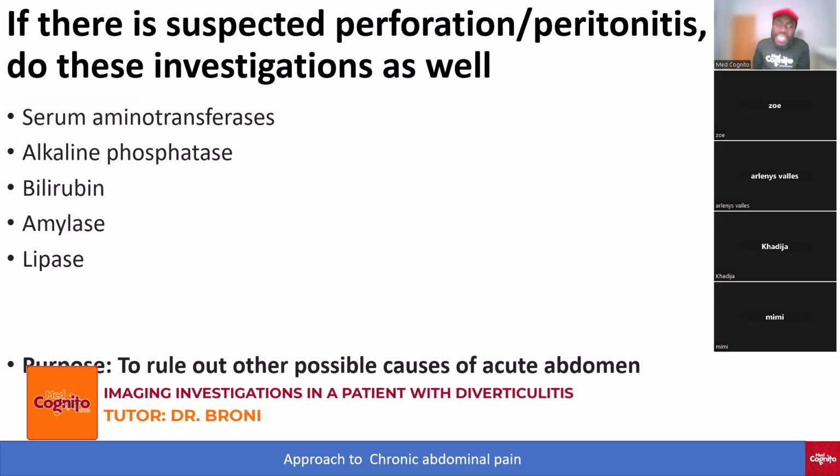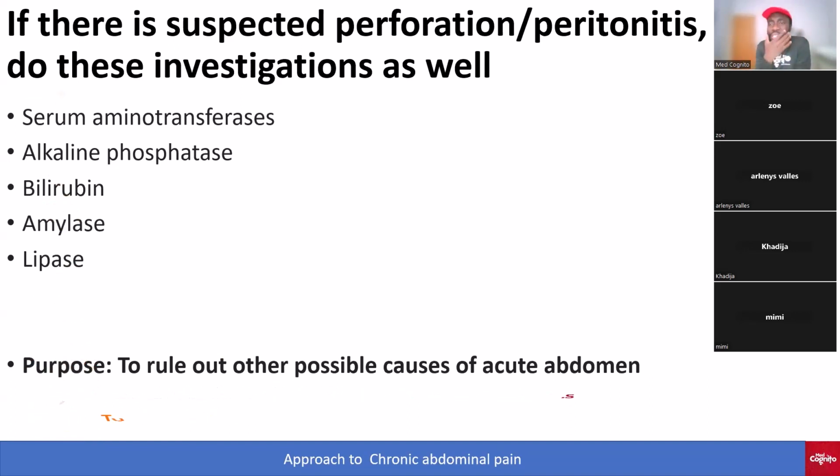Now, if you see that a patient has suspected perforation or peritonitis, by the way, I gave you a diagram initially. What equation did I put there which will help me to know that this patient may have perforation or peritonitis? Who can remind me, please? It's diverticulitis plus hypotension.